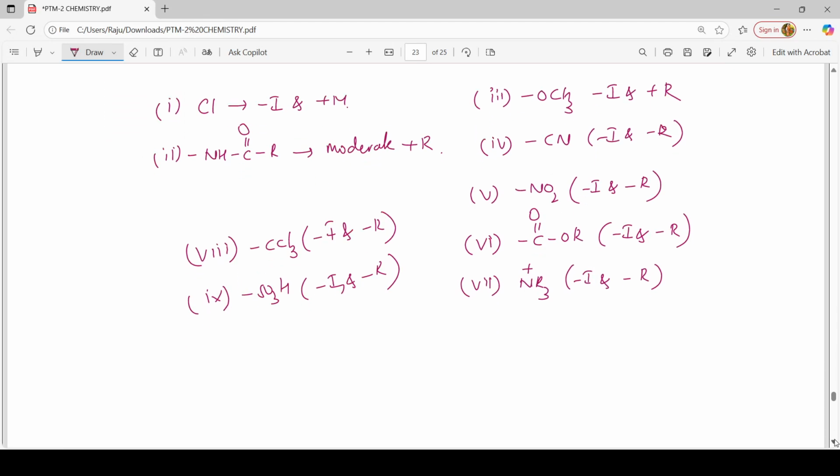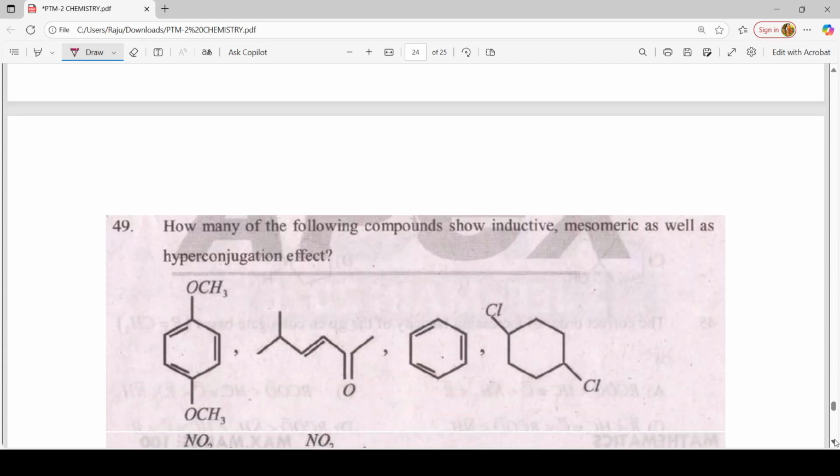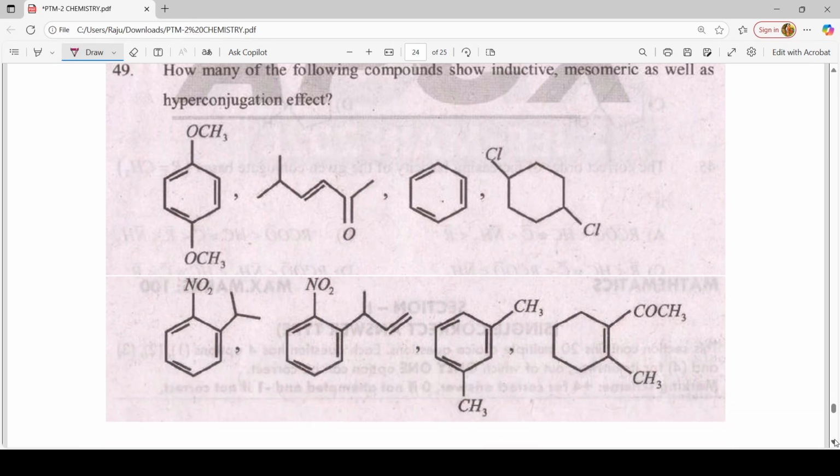And come to the 49th question. It's a PYQ imitated question. How many of the following show inductive, mesomeric as well as hyperconjugation? In the case of the first structure, there is a mesomeric effect and inductive effect.